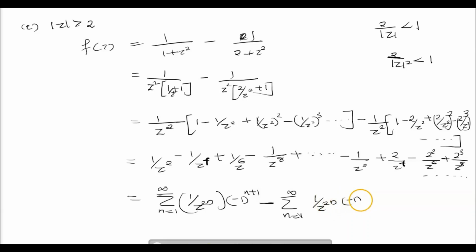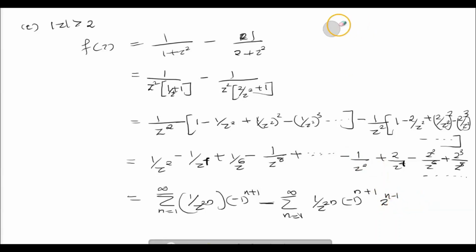Also minus 1 power n plus 1, since we take minus outside, starting term is positive. Also there are powers of 2. Starting term is 1, so that is 2 raised to n minus 1. If you put n is equal to 1, first term 2 raised to 0, 1.